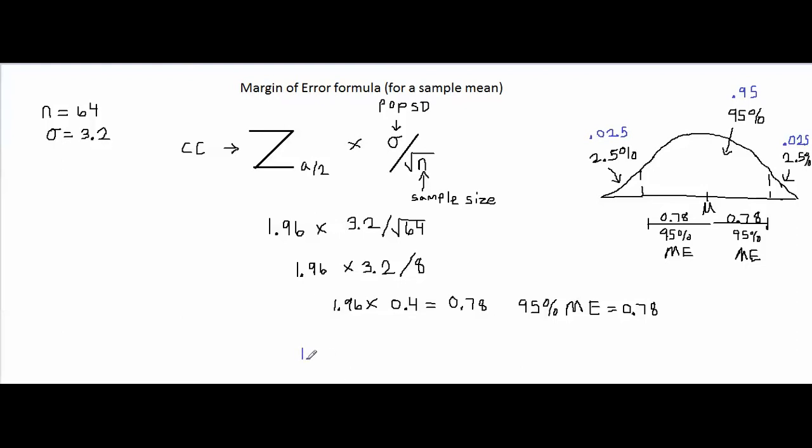So it's going to be 1.28 times, well, this part right here won't change because the population standard deviation still is what it is, and I'm still planning to take a sample of 64 people, so those two numbers will stay the same. The only thing that's changing is my confidence coefficient.